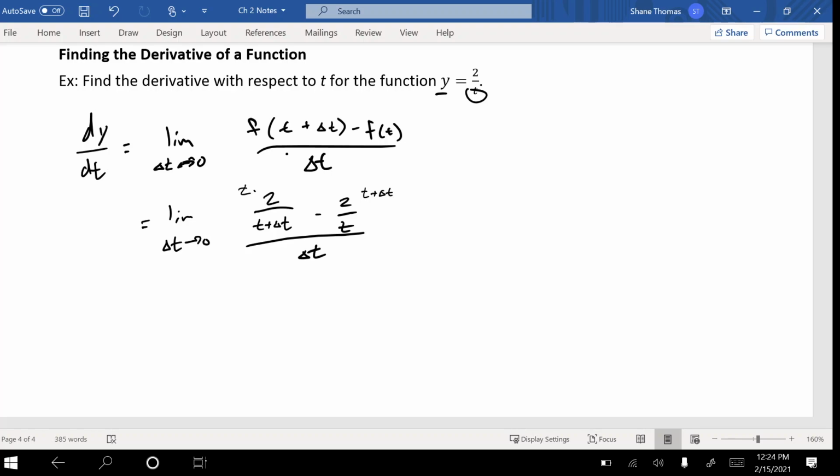It's going to leave me with 2t minus 2t minus 2 delta t, all over t plus delta t, and that's all over delta t.